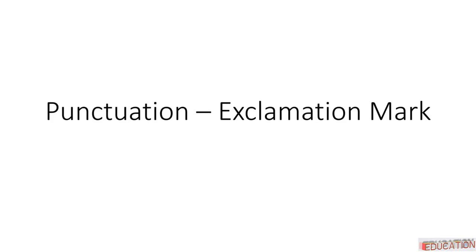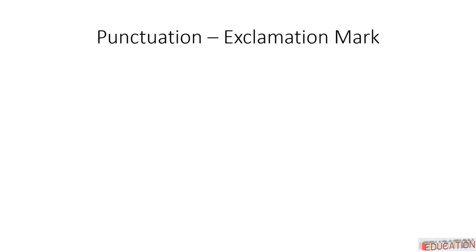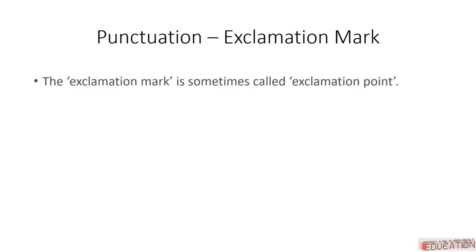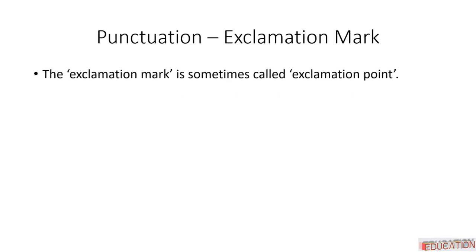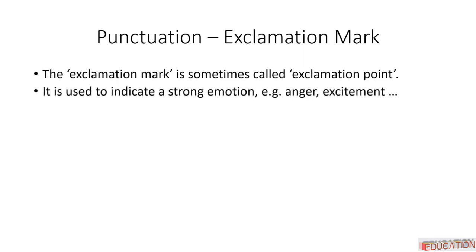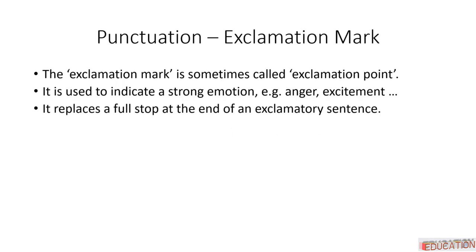This lesson is on the exclamation mark. The exclamation mark is sometimes also called an exclamation point. It is used to indicate a strong emotion, i.e. anger or excitement. It replaces a full stop at the end of an exclamatory sentence, unless the last word is an abbreviation.